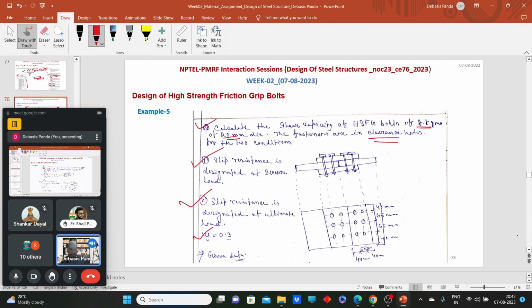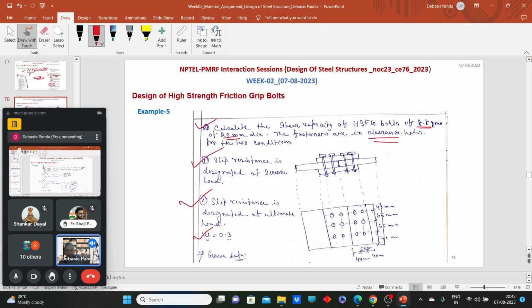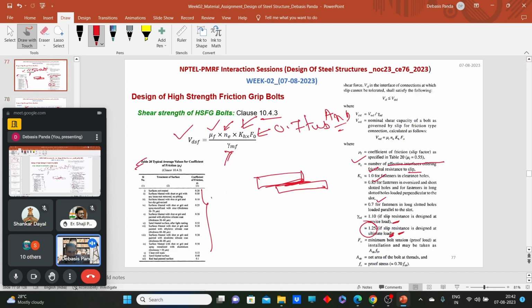Just calculate the shear capacity of the bolt. The shear capacity of that type of bolt is mu f Ne kh f naught divided by gamma mf. Gamma mf, those two values will differ. When we design slip resistance at service load, what will be the value of gamma? 1.1.